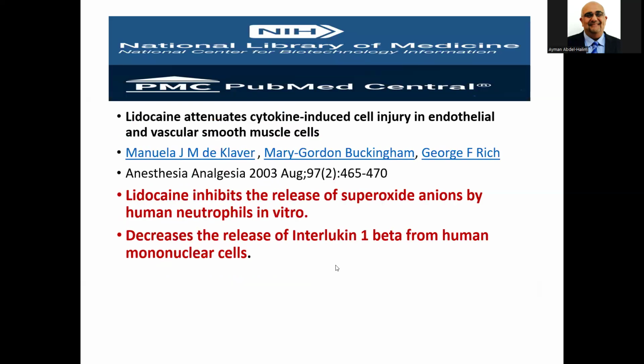And this is just to give you an idea about the anti-inflammatory effect of lidocaine. This is backed by research from 2003 in the animal lab, and they found that lidocaine inhibits the release of superoxide anions.